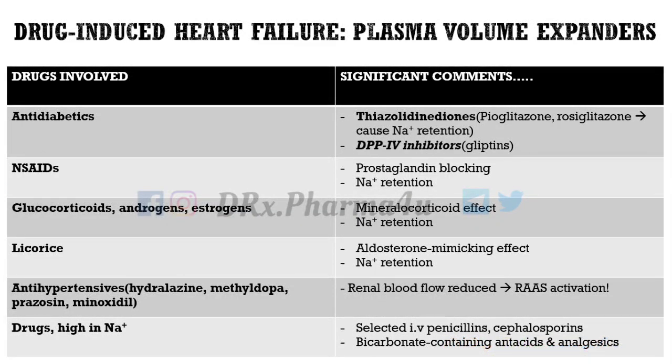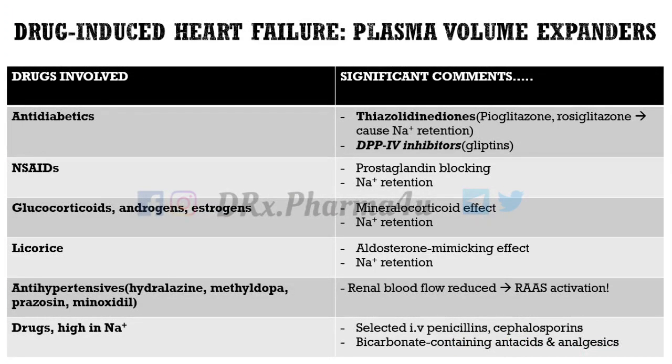It can cause cardiac remodeling, which leads to myonecrosis, which can lead to heart failure. Licorice is a supplement considered a home remedy for many conditions, but it also has an aldosterone-mimicking effect, so it can lead to sodium retention, which is a matter of concern.